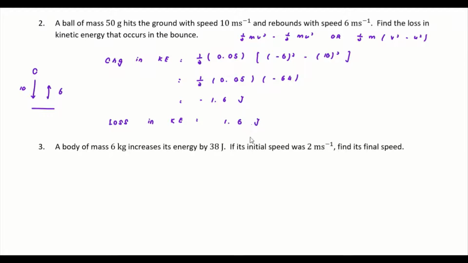You can understand this idea as: if the final velocity is lesser than the initial velocity, then there will be a loss in the kinetic energy. If the final velocity is higher than the initial velocity, there will be a gain in KE.